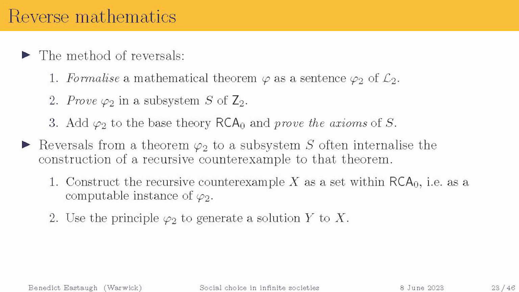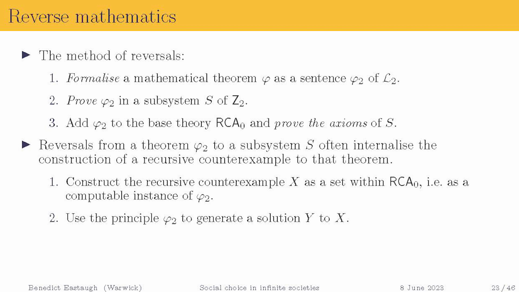So when we do these reversals from theorems to axioms, very often the way it works is that we will do exactly this, but within RCA 0. So we formalize this construction of a recursive counterexample. So you construct the recursive counterexample as a set in RCA 0. So it's a computable instance of your theorem.